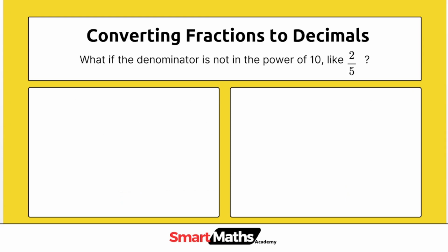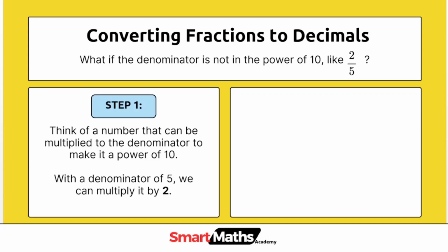So if the denominator is not a power of 10, it's just like we have 2 over 5. How do we do that? The first step is to think of a number that can be multiplied by the denominator to make it a power of 10, whether 10, 100, or 1000. So with a denominator of 5, we can multiply it by 2 to give us 10.